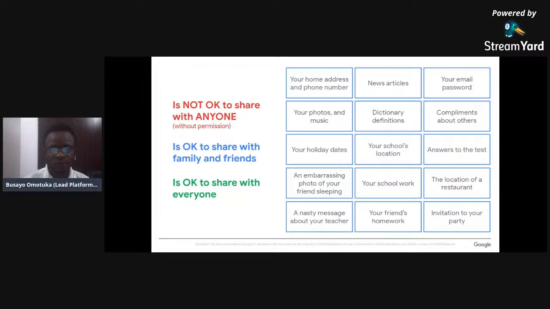A good example here is your email password. Your email password is not meant to be shared with people. We need to let the students know this, and we need to be conscious of it. So let's go to the next slide.